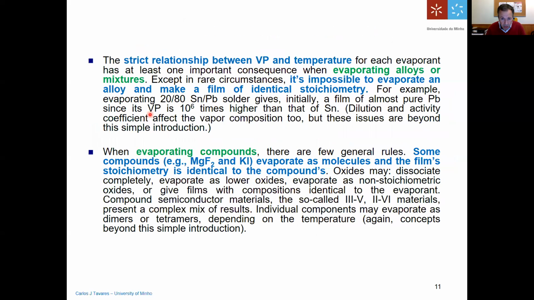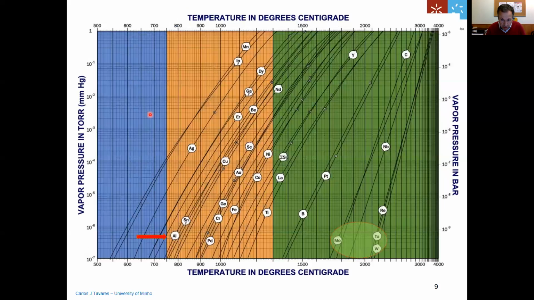And I'm going back to that chart that I showed you a while ago, because there's more information hidden here. For example, if you want to evaporate aluminum, you start off with some aluminum pellets. I'll be giving you some examples later on. And you have to think of which material can be the crucible for aluminum.